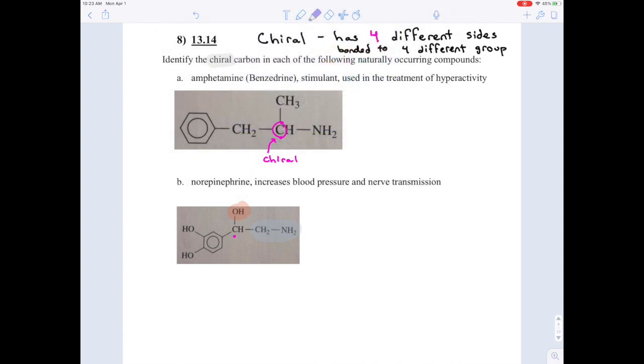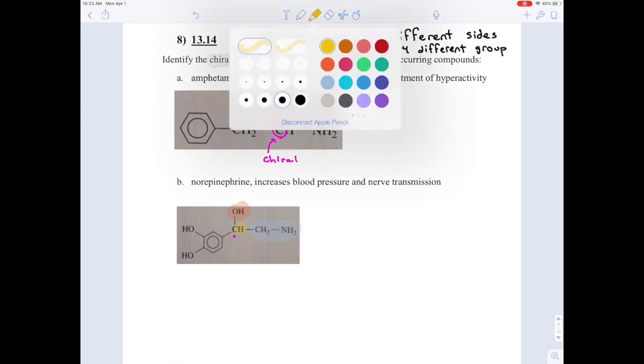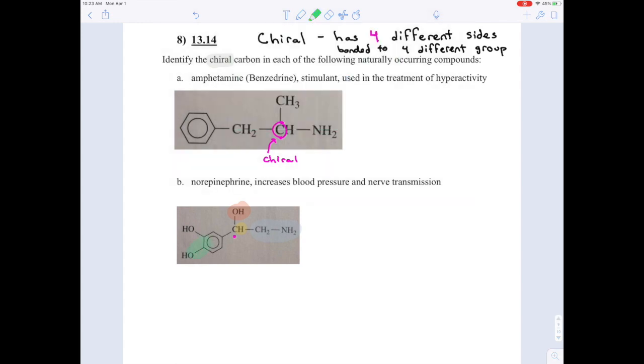There's the hydrogen, which is not part of that left group. Hydrogen, you would draw that going down if you drew the bond for that. And then there is the ring. So that's 4 different things. You see 4 different colors there. That carbon is bonded to 4 different things, and therefore it is a chiral carbon.